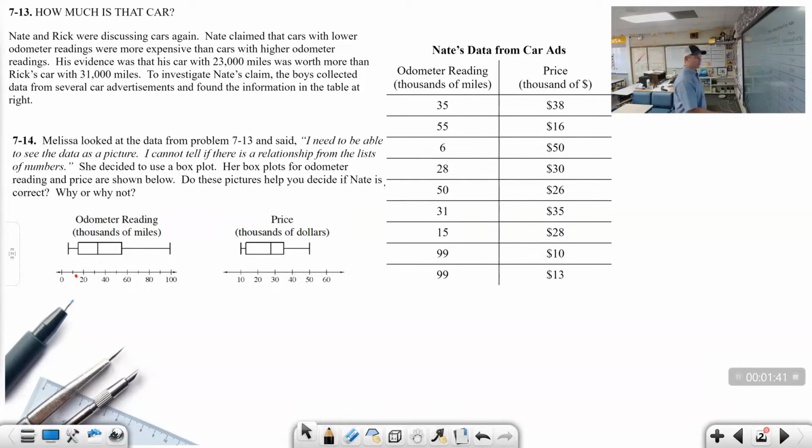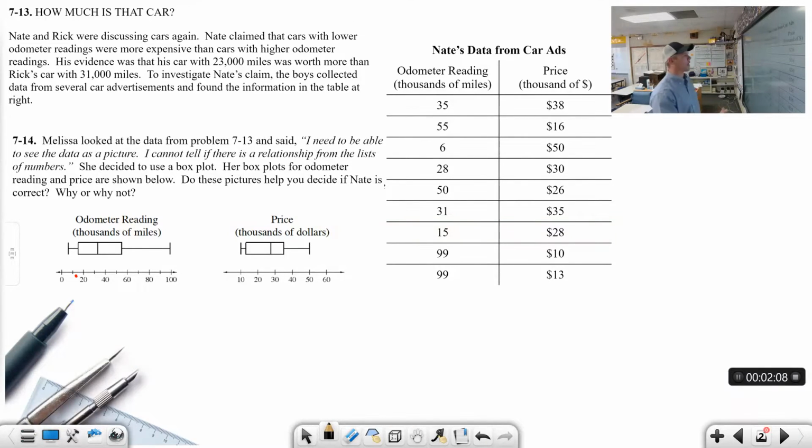Odometer is number of miles. His evidence was that his car with 23,000 miles was worth more than Rick's car with 31,000 miles. To investigate Nate's claim, the boys collected data from several car advertisements and found the information in the table at right.